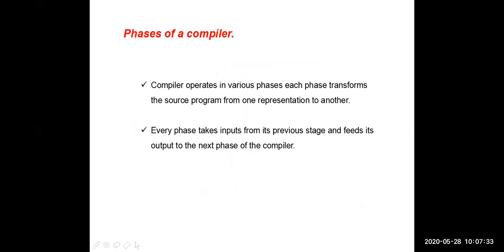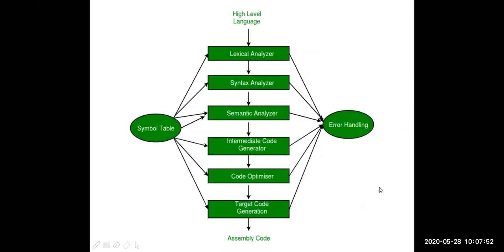The entire process of compilation is divided into 6 phases, or 6 stages or steps. The first phase is the lexical analyzer. The high-level language is given to the lexical analyzer.